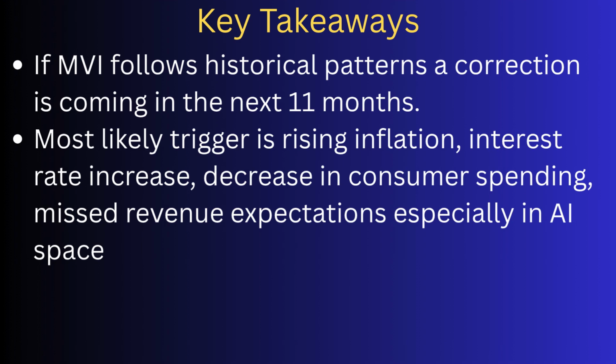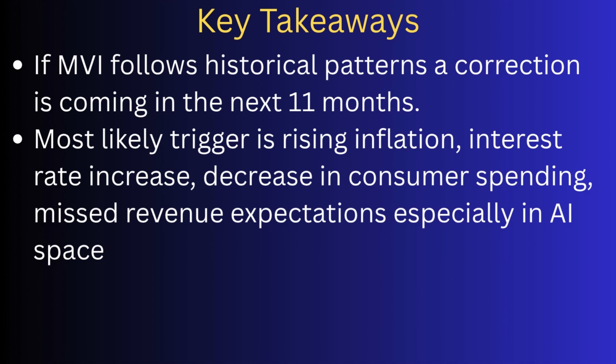So what is the key takeaway? The key takeaway is that our MVI follows historical patterns. And if it follows historical patterns, there will be a correction coming in the next 11 to 14 months.